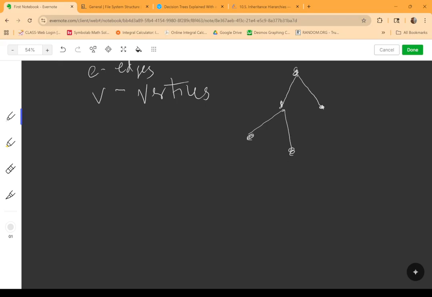All right, now the next concept here is this idea of a spanning tree. Now, this is a statement about connected graphs.